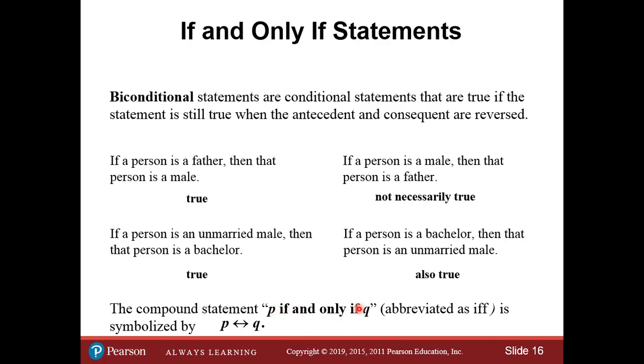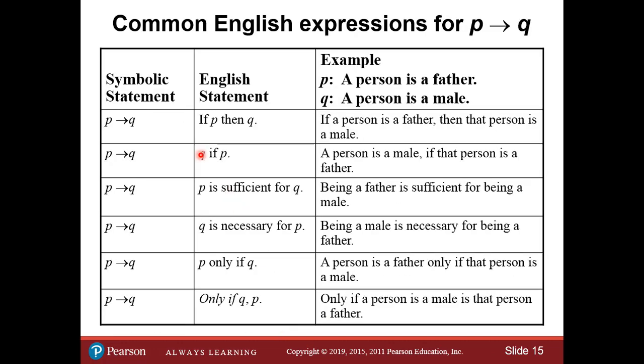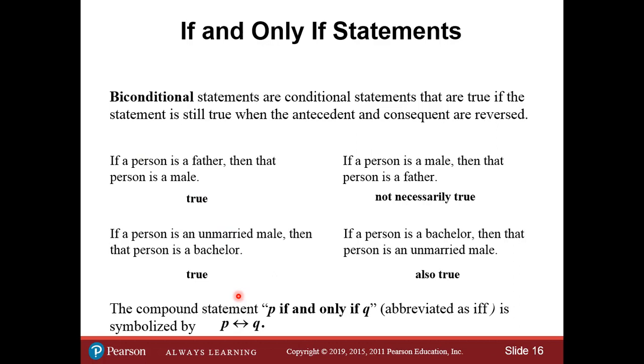P if Q, right? This is Q if P. That's what this means. But what if I put P if Q? That means Q implies P. So P if Q is Q implies P. But P only if Q means P implies Q. So that if you put it together, you get the double arrow. So it means it goes both ways. It's a biconditional. It goes both directions. And the abbreviation is IFF, if and only if.